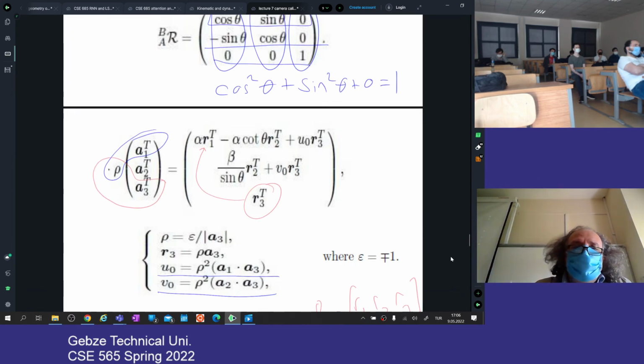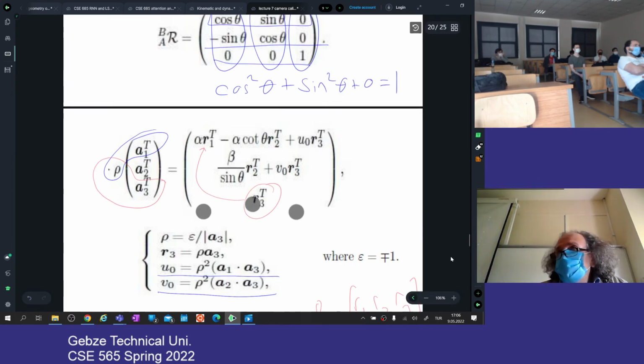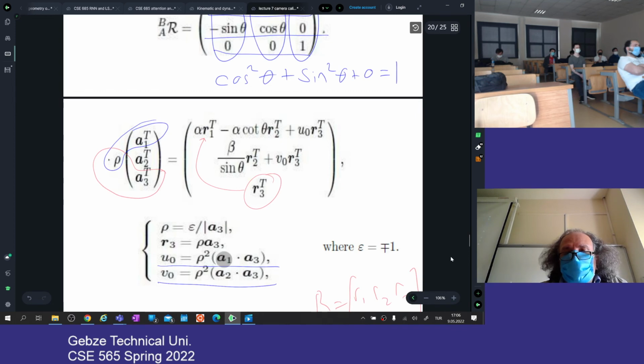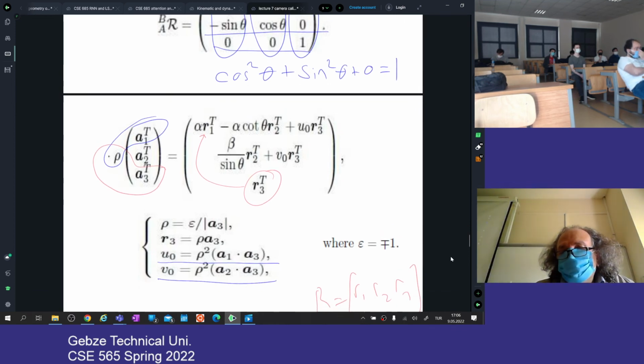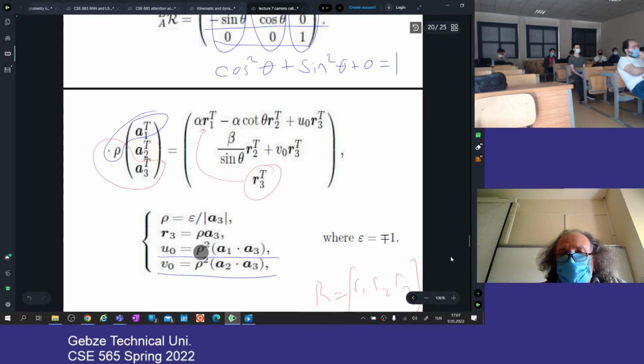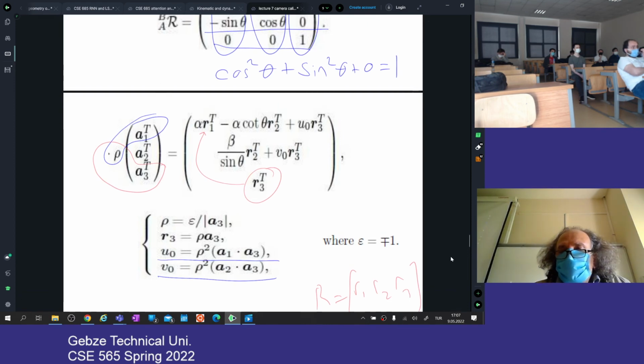So if I multiply this one with this one, including the rho term, you are going to get rho square, A1, A3, which is going to give you U0. Do I know what rho square is? I know the absolute value of rho.